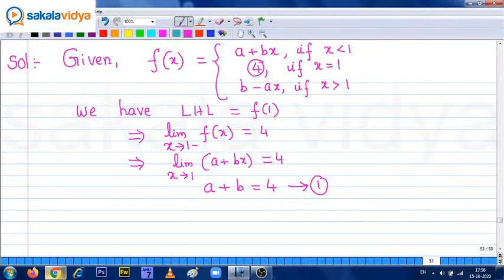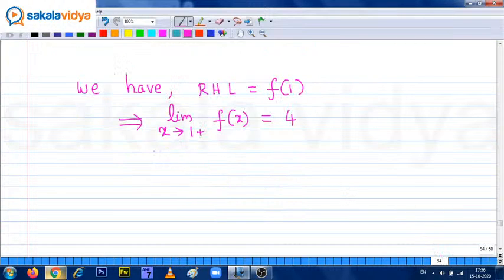So this is 4. Now limit x tends to 1, x greater than 1, that is b minus ax. So that is 4. Substituting the limit, b minus a equals 4. Say equation 2.